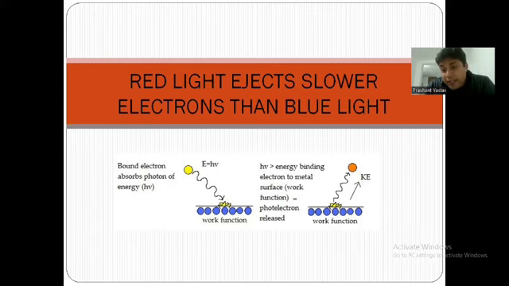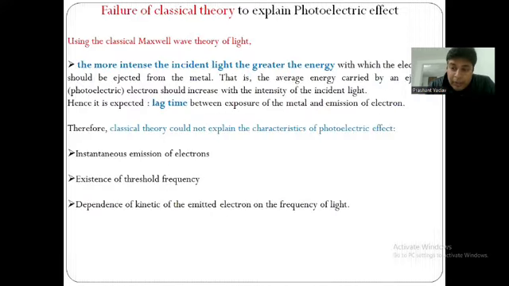This shows that the higher the energy, the higher the kinetic energy of the electron. So it shows that energy cannot be exchanged in a continuous manner. We can exchange energy in terms of quanta or packets. These packets are called quanta.